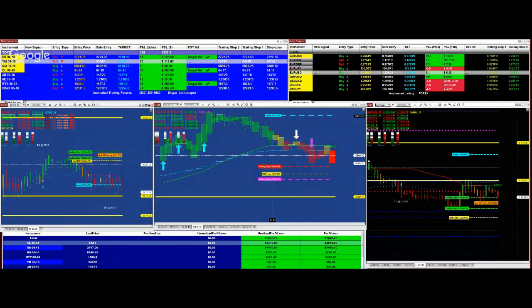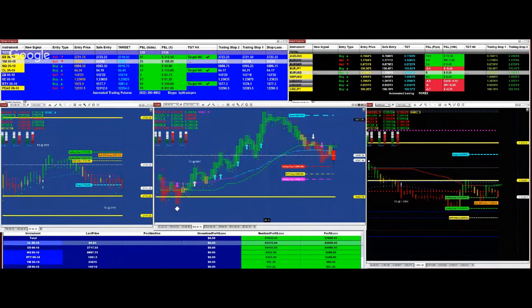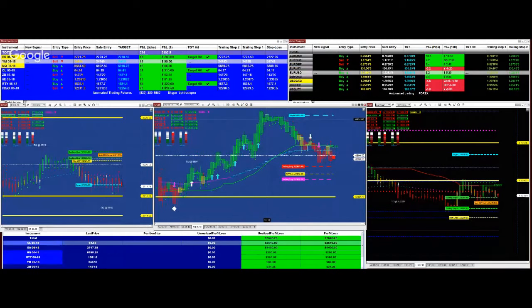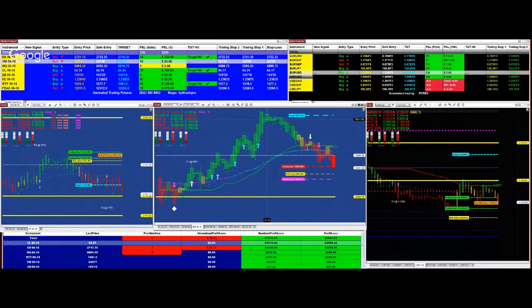It is over, and now we are playing back to the re-entry point. If we go back a little bit, we hit the target, this is where the profit was taken, and now we are waiting to see what will happen on that Nasdaq. Is it going to continue to generate a short signal, or is it just a pullback and we're going to go back and retest the target? This is a really very fine line we have to be aware of in futures trading.